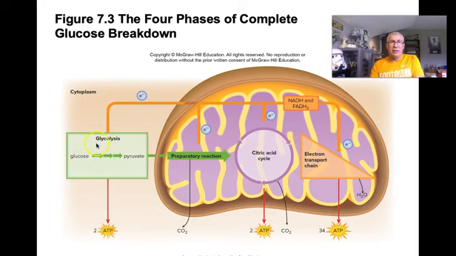But basically, glycolysis is the beginning that breaks down glucose, and these molecules NADH and FADH2 go through what is known as the citric acid cycle that pumps out electrons for the electron transport chain that makes ATP for you. Okay?